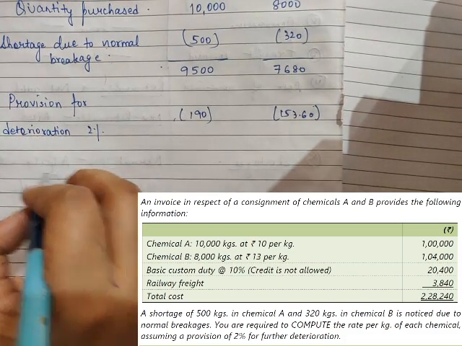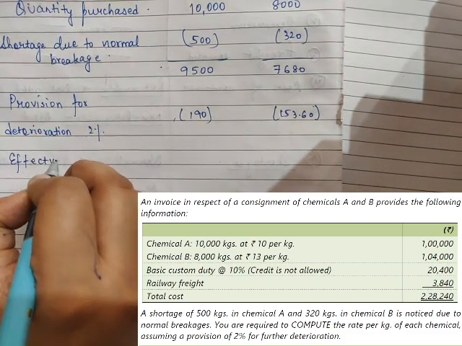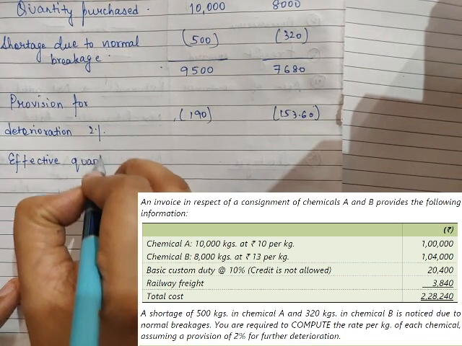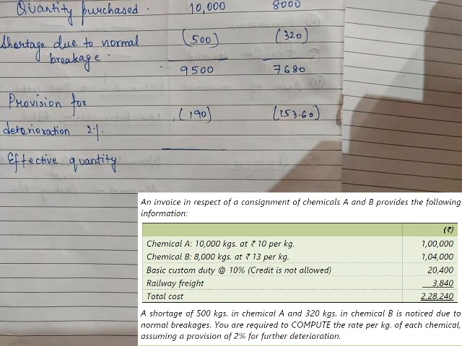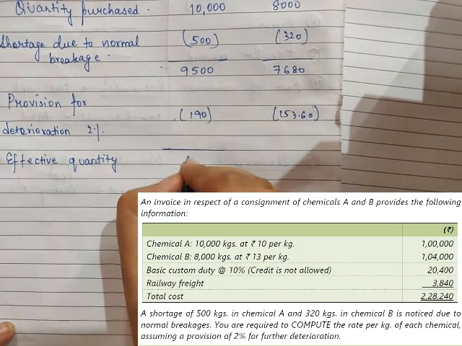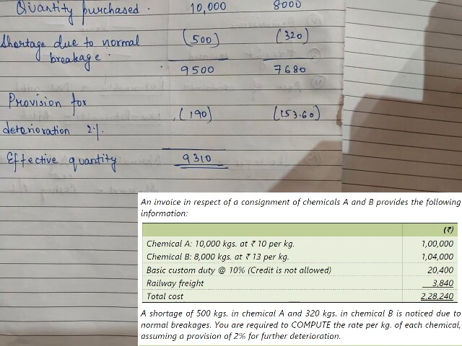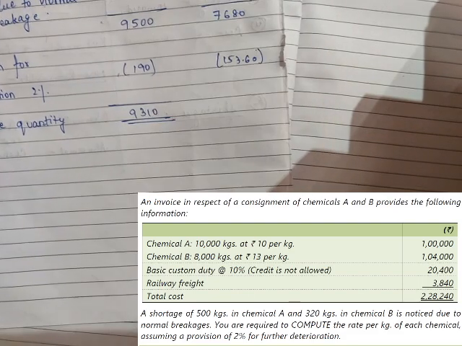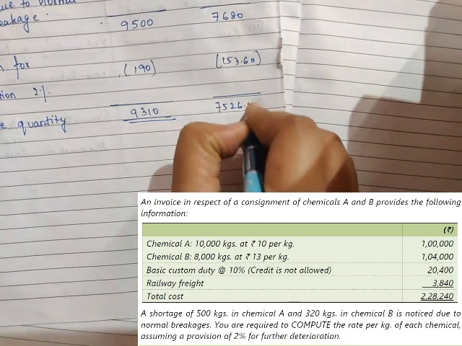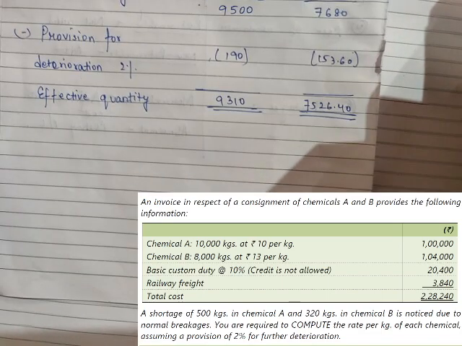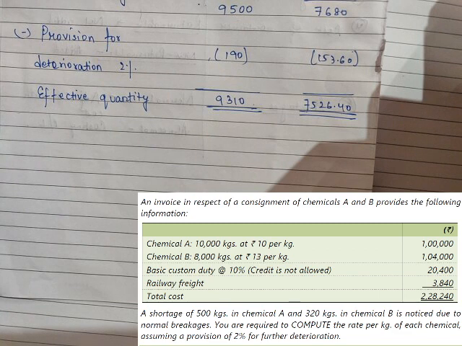So the effective quantity is 9500 minus 190, 9310 for chemical A, and 7680 minus 153.6, which is 7526.4 for chemical B. Now this calculation of effective quantity is an important working, so it should be shown clearly if this question comes in the examination.